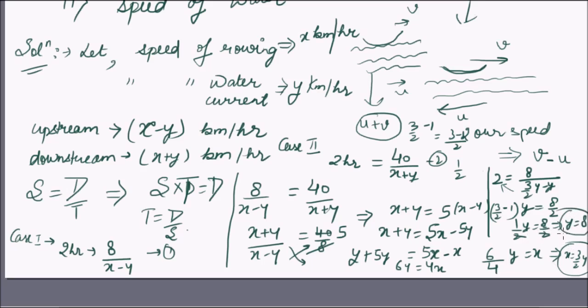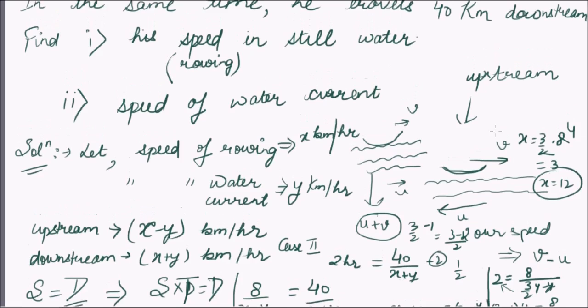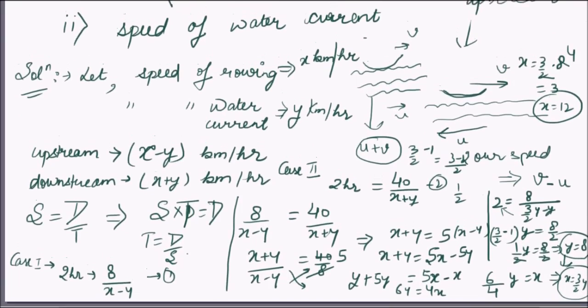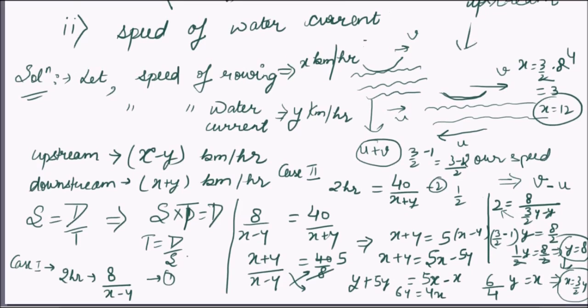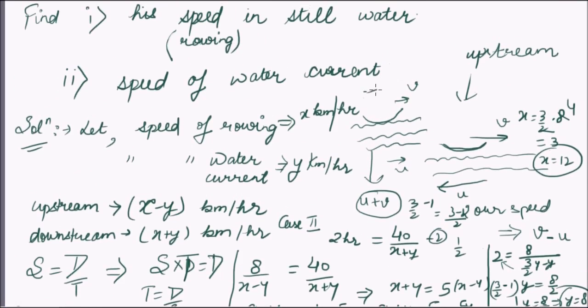Now if y is 8, put y in this part, we get x equals 3 by 2 into 8, that is, 2 fours are 8, or x equals 12. Now friends, we have solved x as 12 and y as 8.